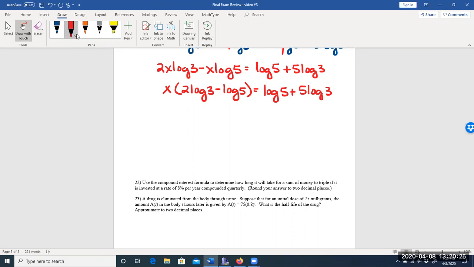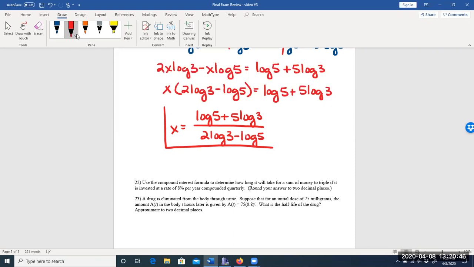So x equals the right-hand side of the equation divided by what I see there in parentheses on the left. So this is known as our exact answer.